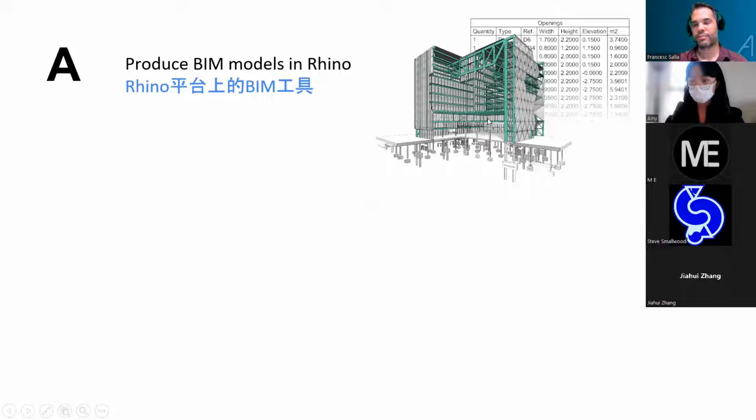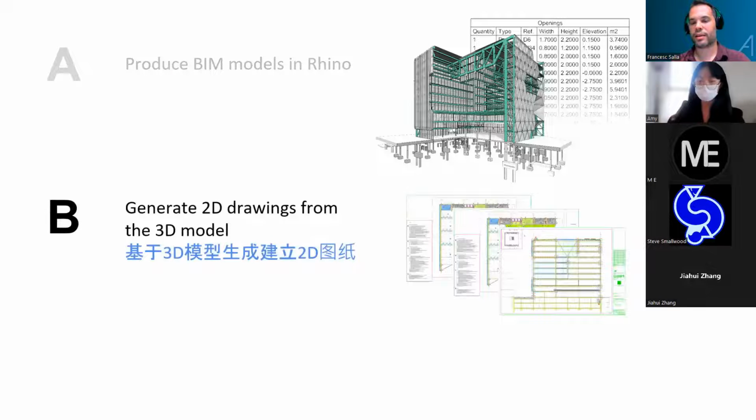That means developing projects where the geometry contains information, building information model. 那它的第一个主要功能就是它是基于 Rhino 平台上的一个BIM工具，是用来进行建筑信息模型的非常实用且高效的工具。Okay. The second point is the option to produce 2D drawings, 2D architectural drawings in Rhino.